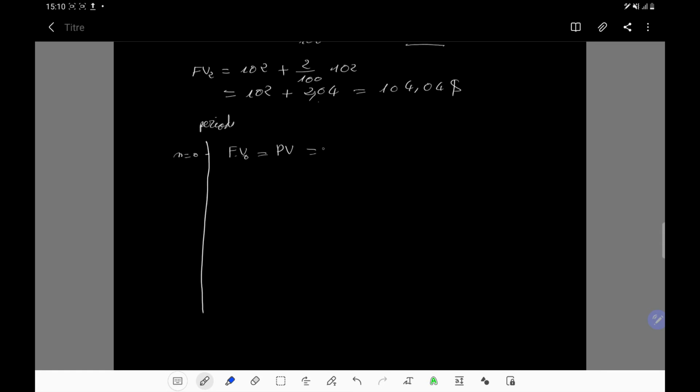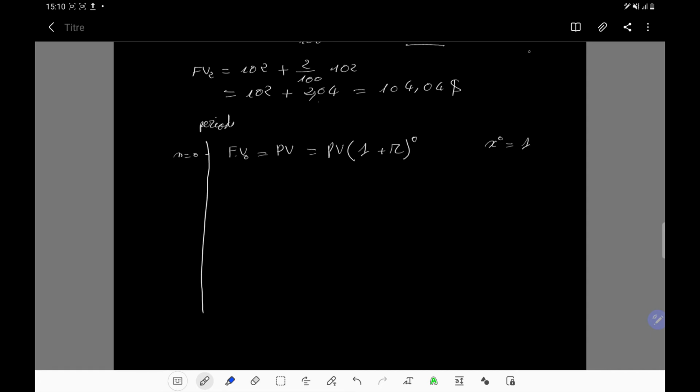Okay, or equals present value times 1 plus interest rate to the power of 0. We know that everything at the power of 0 is always equals 1.